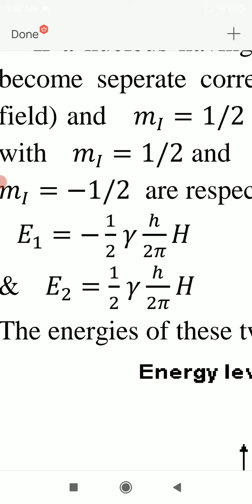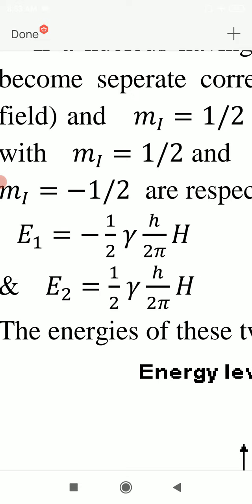For Mi equal to plus half we have energy E1 equal to minus half gamma h upon 2 pi into capital H, and E2 is for Mi equal to minus half.